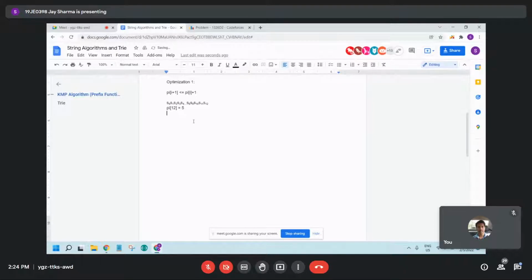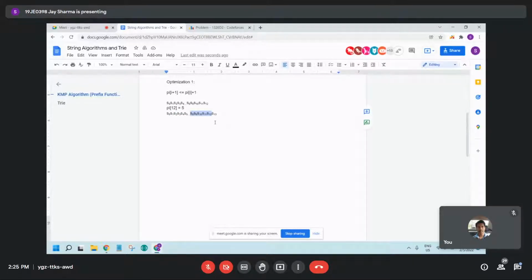Now, suppose I want to find what's the value of pi of 13. Consider again this same string. Now let's add two more characters, s5 here, and let's say s13. Now we know that the first five characters are matching these five characters.